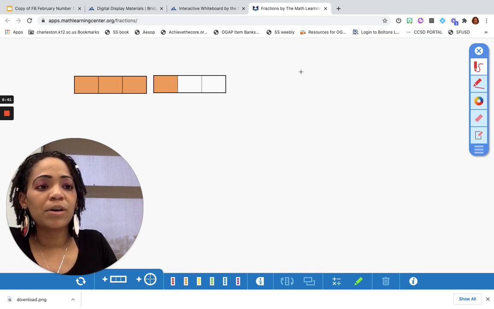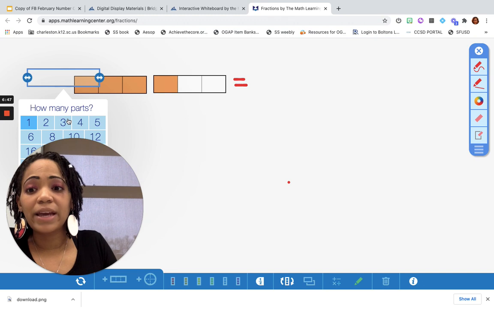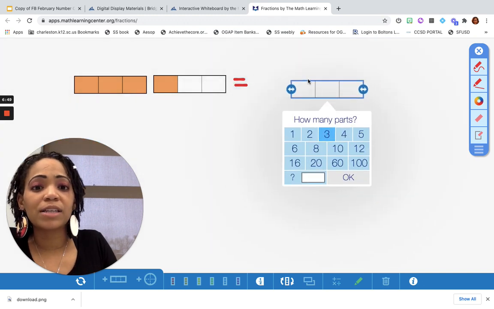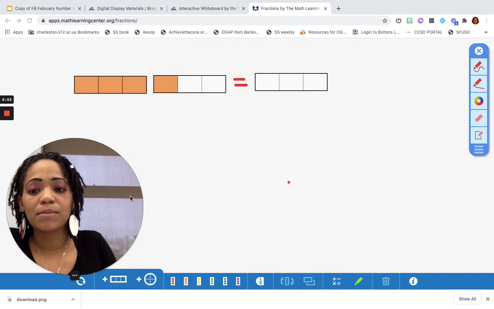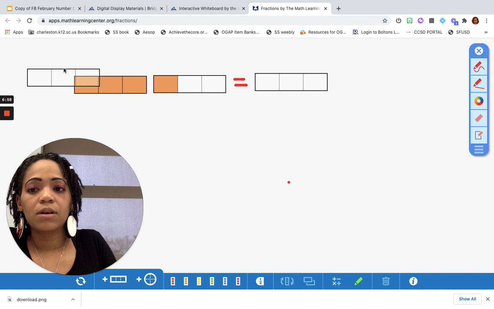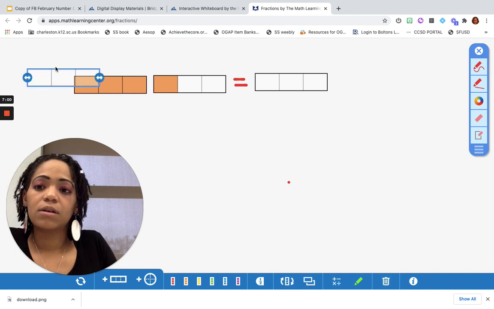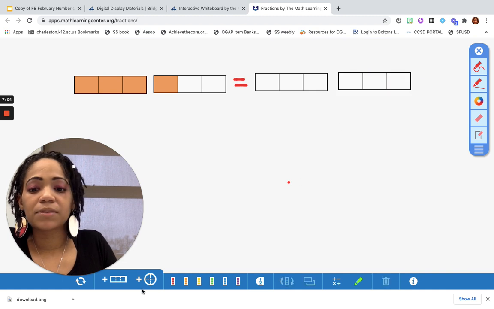And what do we know about 4/3? How many 1/3 size pieces do we have with 4/3? Good. We have 4 1/3 size pieces. So how many of these would I need? 4 of them. See if I can make it happen. And hopefully you guys are doing the same.